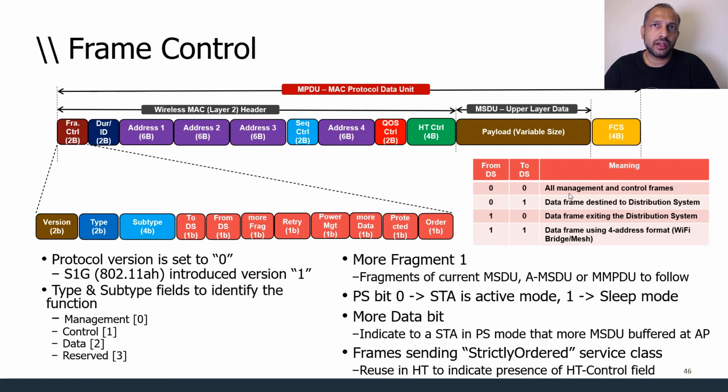There's another field in the wireless MAC header called the HT control field, and this bit indicates whether that field is present or not. So we are using this order bit just to indicate whether the HT control field is there or not. It was developed for legacy purposes, but it is not being used for strictly ordered kinds of traffic classes. So that is the frame control bits.